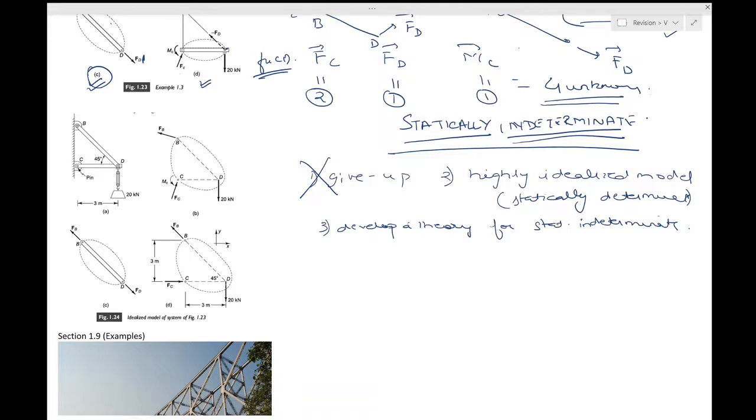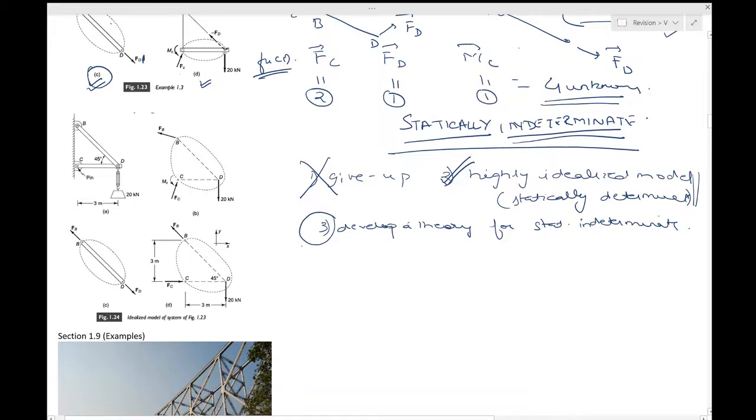The second part, the highly idealized model, is something which we will do immediately. But the overall objective of this entire course is to actually do the third option, so that we don't have to solve problems which are highly idealized and hence much away from reality.